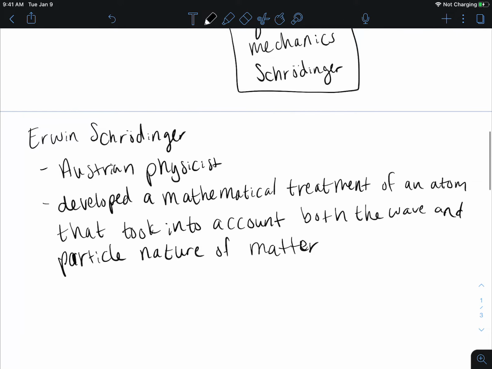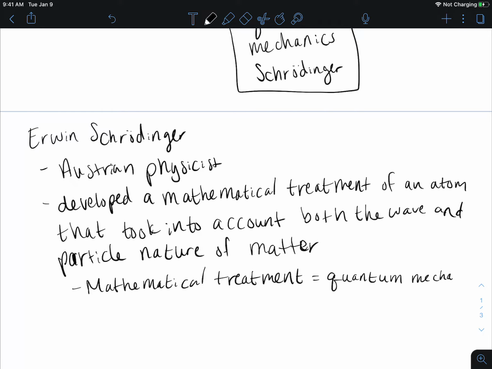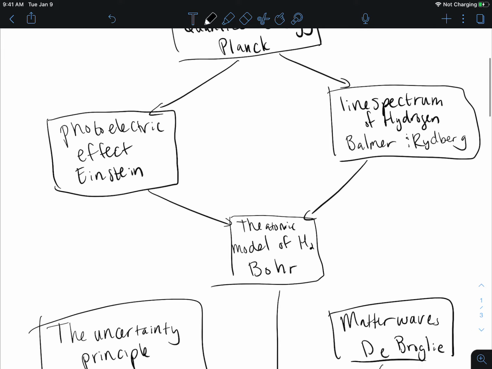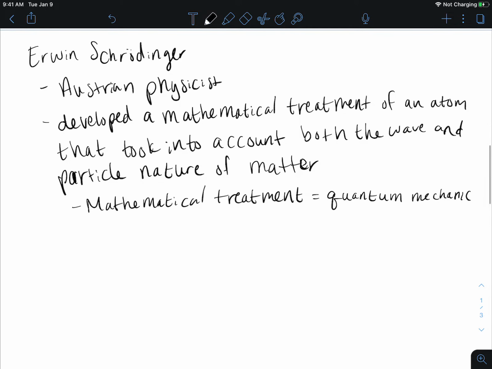Okay. That mathematical treatment is known as quantum mechanics. It is how we are currently dealing with subatomic particles that behave as waves.